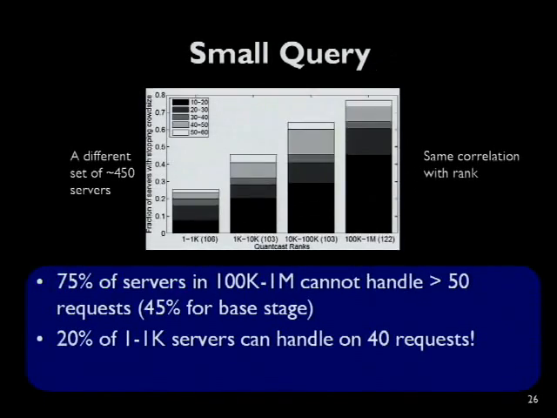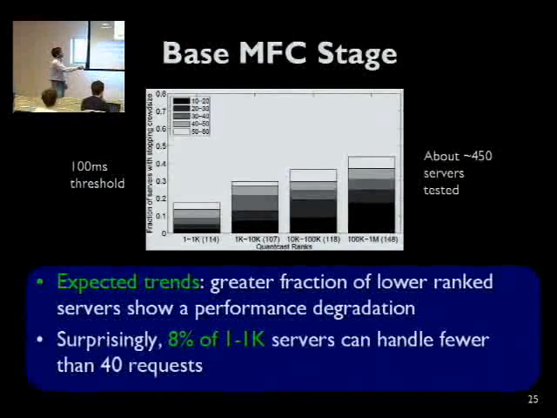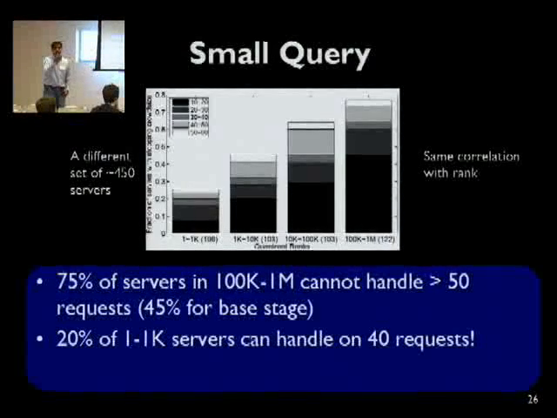So this is for the next stage, where all clients make the same small query at those servers. And again, the trend is the same, but the fractions are much higher, right? So on the previous slide, the maximum was about 45. In this case, for the least popular site, we had about 75% of the servers show a degradation in response time.